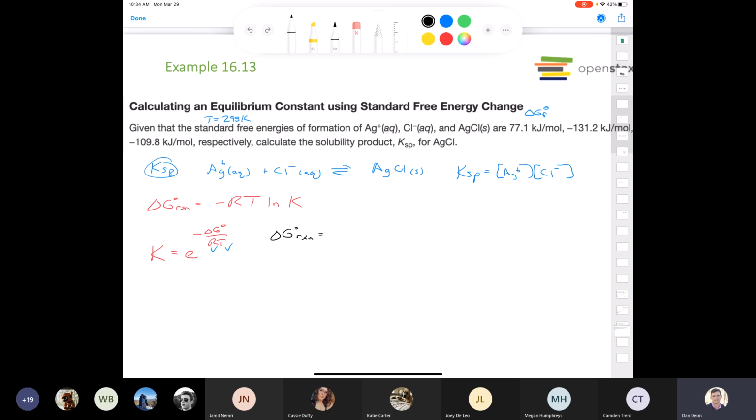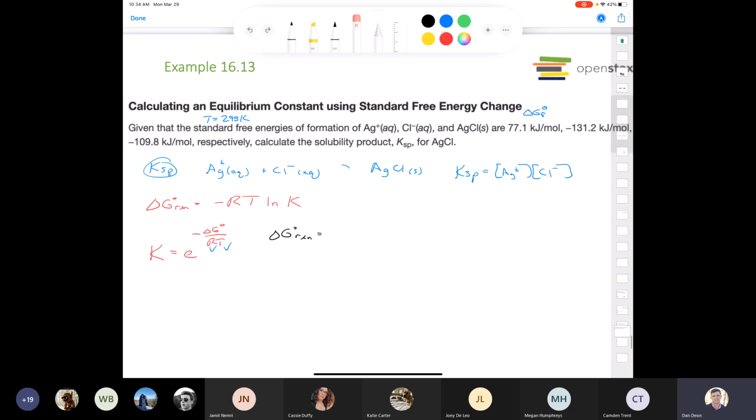Does anybody see what I did wrong in the KSP? I have my KSP written in reverse. That's why I was getting so confused. Anyhow, let me fix it. I have my KSP expression correct, but I had my equation written incorrectly, and all I was doing was focusing on that. There we go.